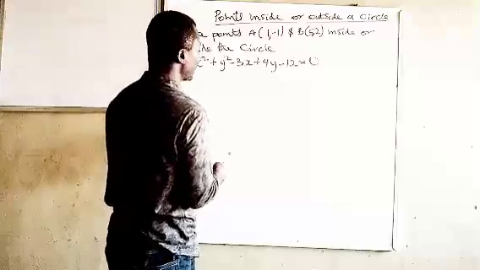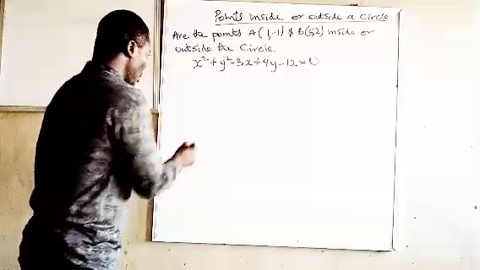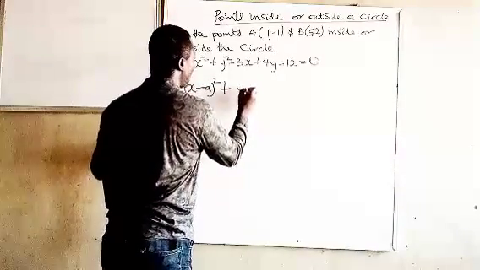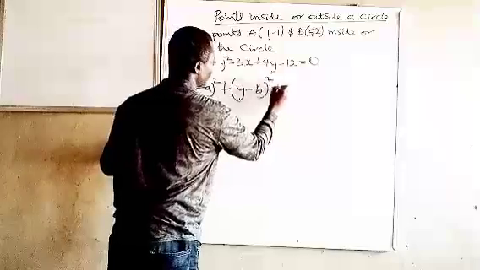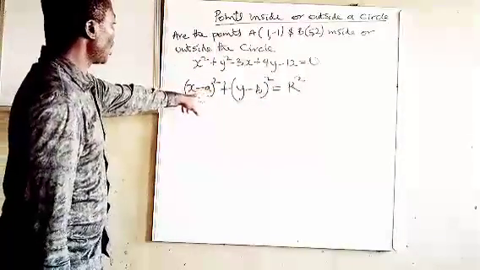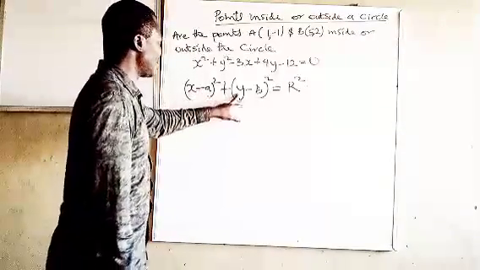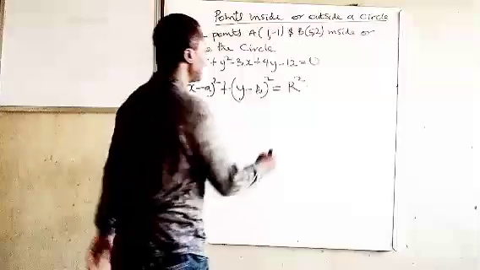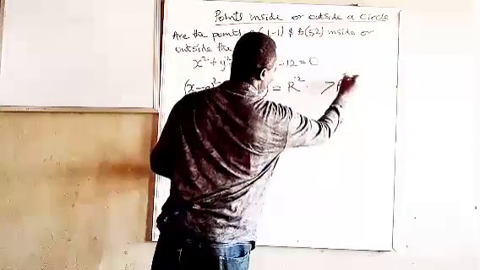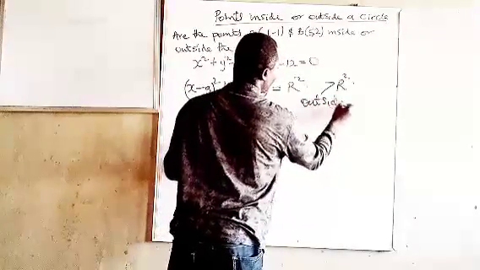Like if we have (x minus a) squared plus (y minus b) squared is equal to r squared. If on substituting the x coordinate for x and the y coordinate for y, the answer you get at the end of the day is greater than r squared, it means it is outside the circle.